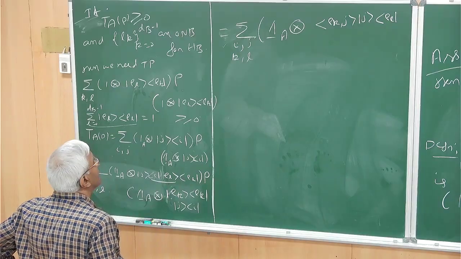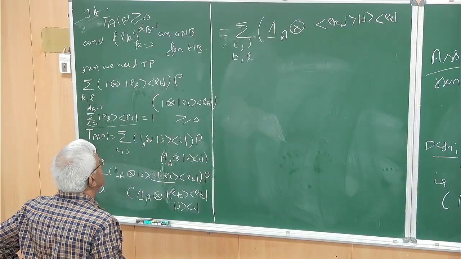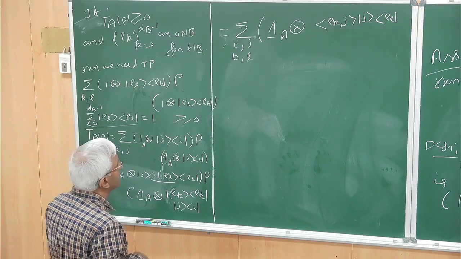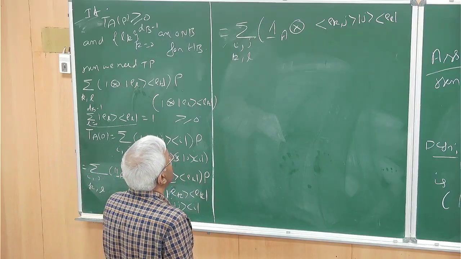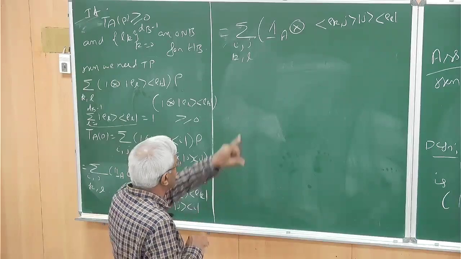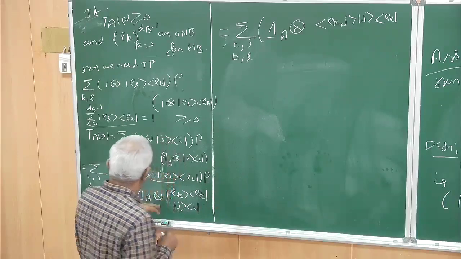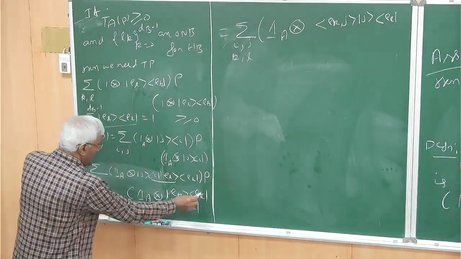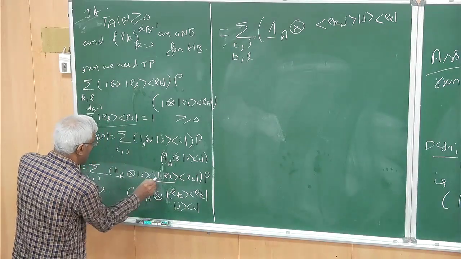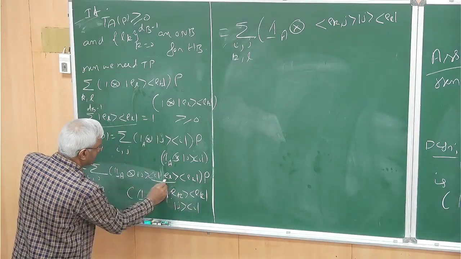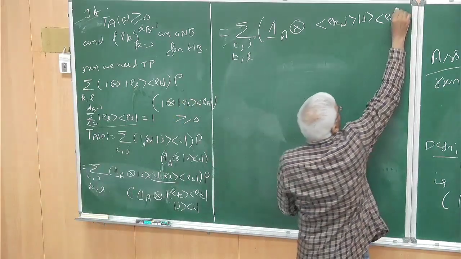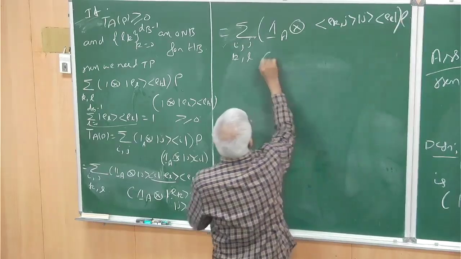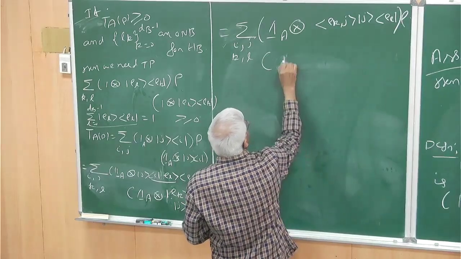<e_k| will come here, <e_k|j>. This is fine. We have the sum. <e_k|j>, I have taken it with |j>, and <i|e_l>, I have to take it here. This is also a scalar, and this <e_l|, I have kept it there, so there is no problem. Okay, and there is a rho here, and then here we have the tensor.